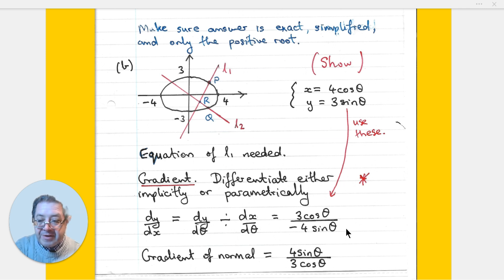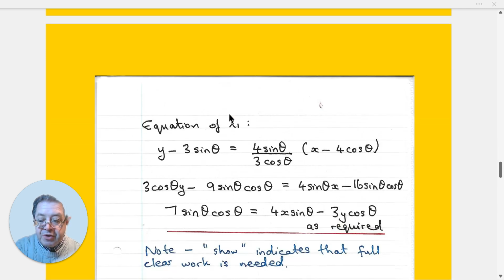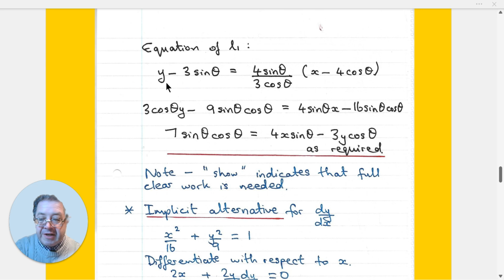The other thing we know about L1 is the point it goes through, which is P. So using our standard formula for a straight line, y take 3 sine theta equals 4 sine theta over 3 cos theta times x take 4 cos theta. Let's simplify. Multiply by 3 cos theta both sides.